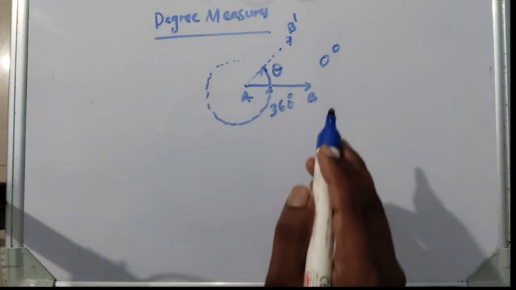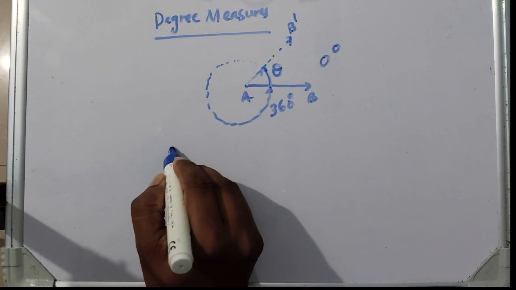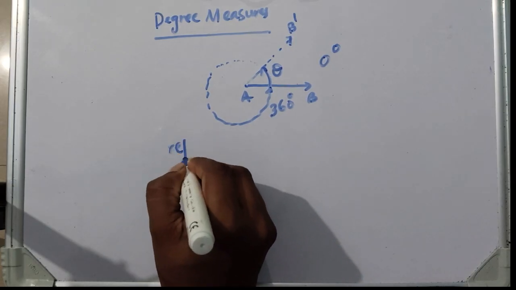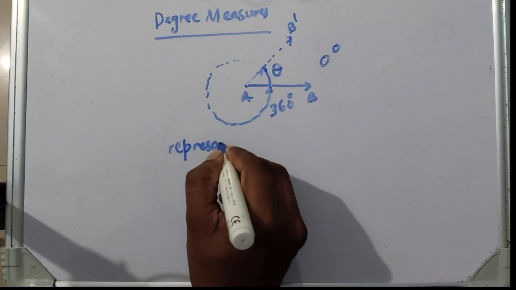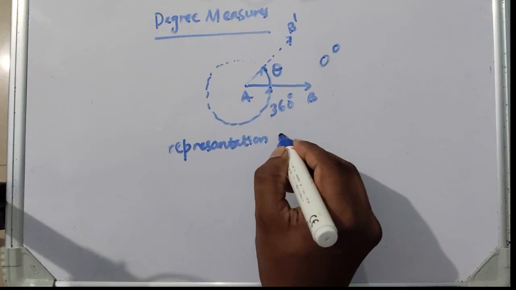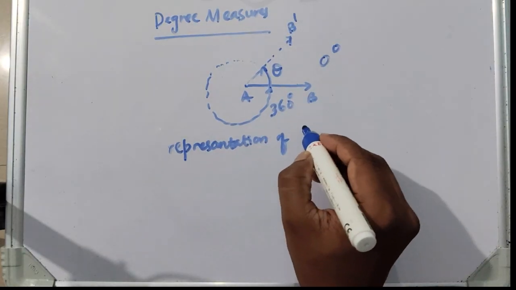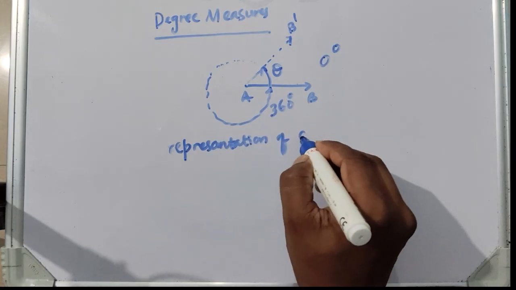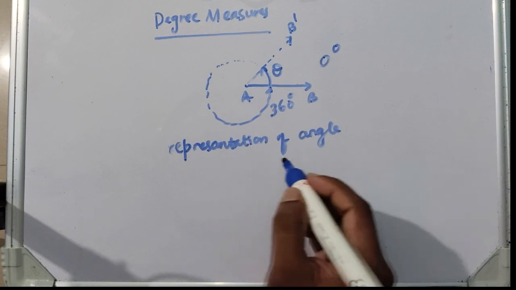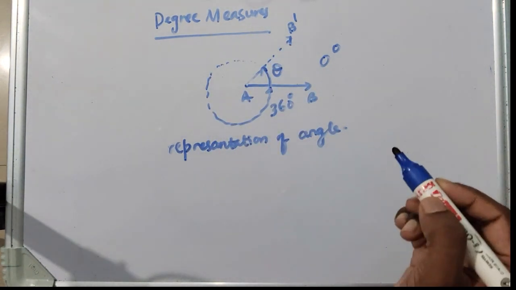So degree measure is nothing but a representation of angle. Degree measure is nothing but it is a representation of angle.